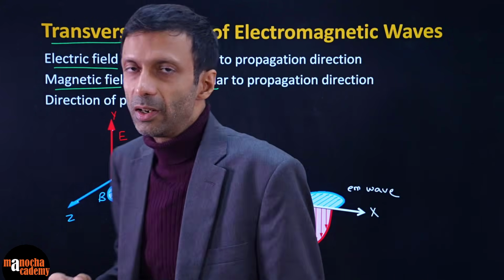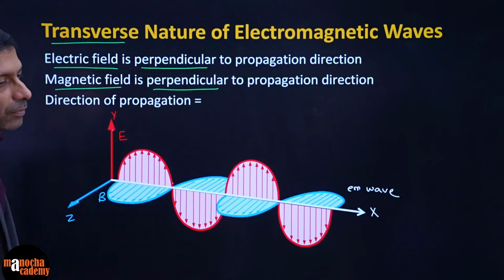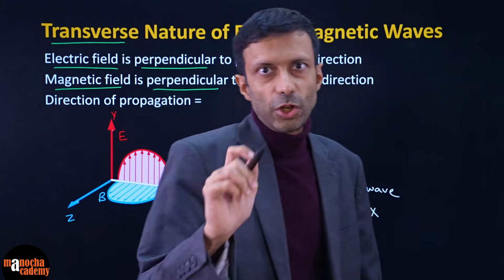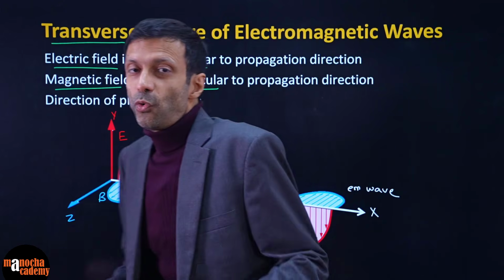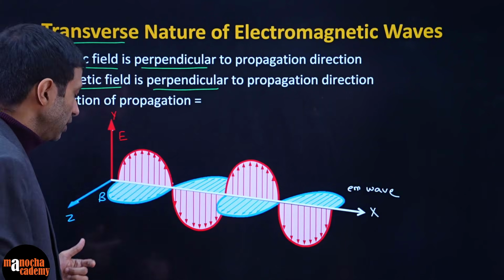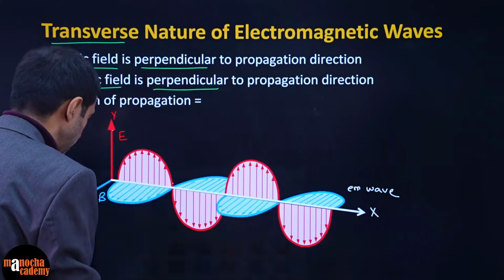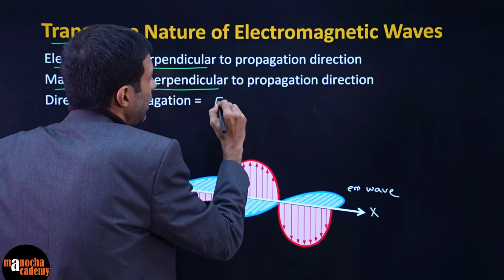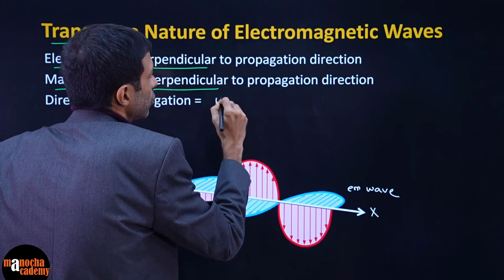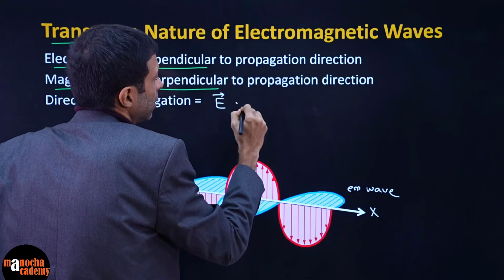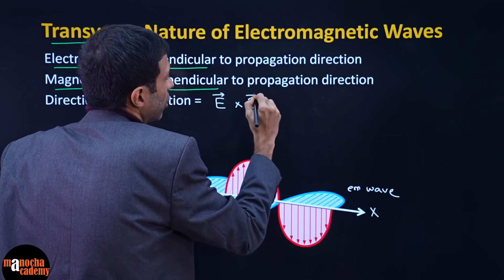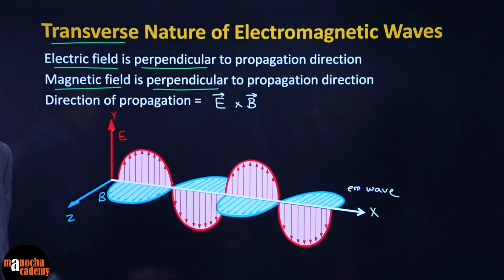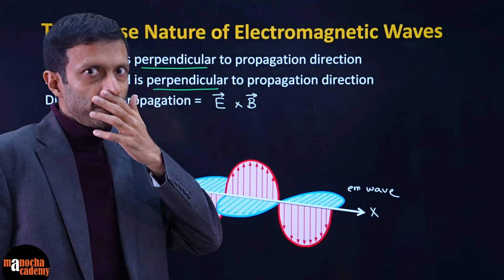So there is a rule here. What is the direction of propagation? Do you guys know? Direction of the propagation is actually E cross B. So you cannot take any random direction. It is the vector product of E and B, the cross product of E cross B. Okay.